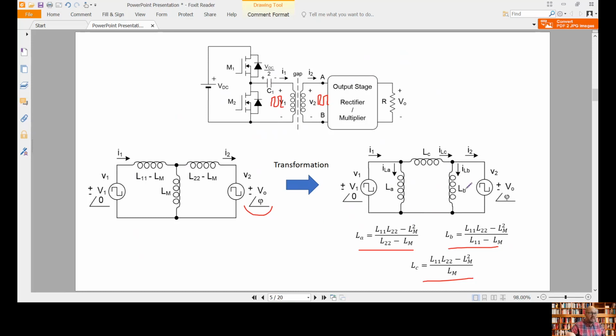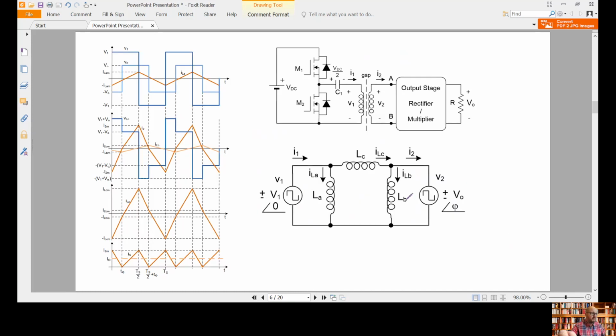Okay, and the same thing in this equivalent circuit, which is easier to study because here we have the inductances directly in parallel with the voltage sources. So these 2 currents, ILA and ILB, are easier to calculate. So by analyzing this circuit, we can obtain everything.